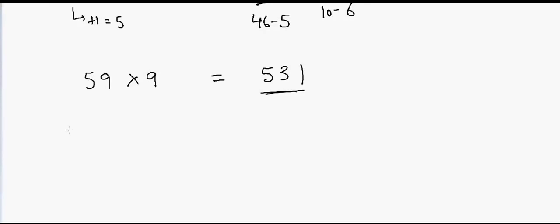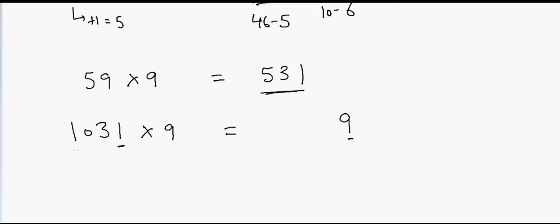Now this formula will also apply for very large numbers. So suppose I have 1031 and I want to multiply by 9. So let's see. First I'll take the 1. So 10 minus 1 is 9. So the last digit would be 9.